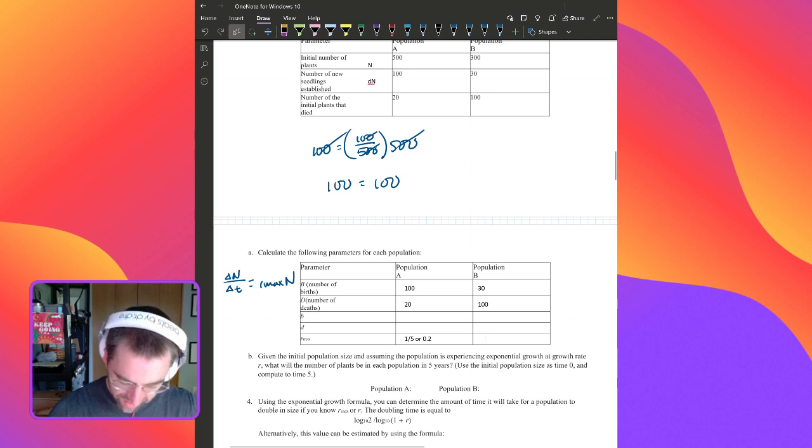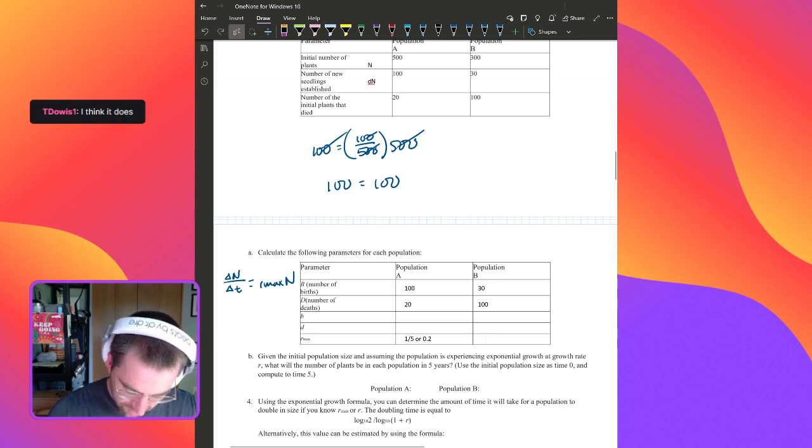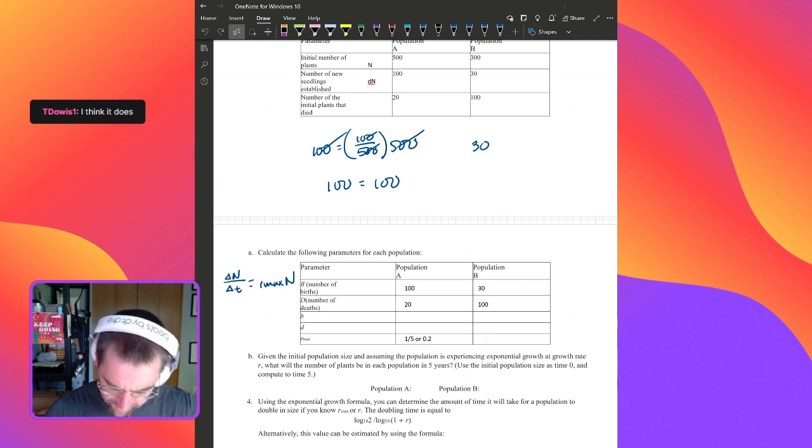All right, so let's try the same thing with population B. We've got, our change was 30 per 1 year. That's our delta N over delta t equals R max times 300, right?